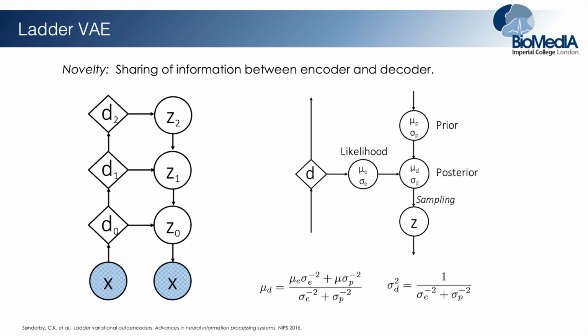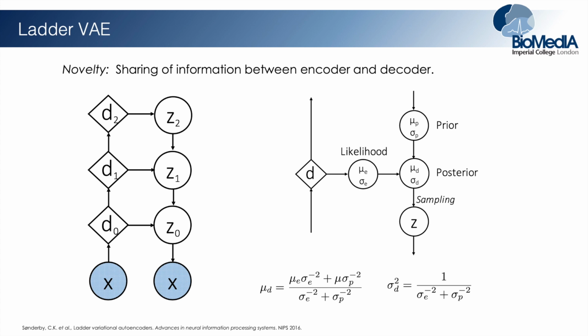So you can see here on the left an outline of this method when it uses 3 sets of latent variables, so 3 levels. And on the right, you can see the detail of what happens at one of these levels. The model works as follows.